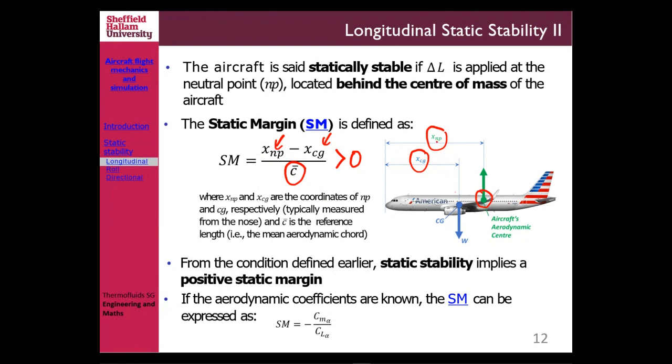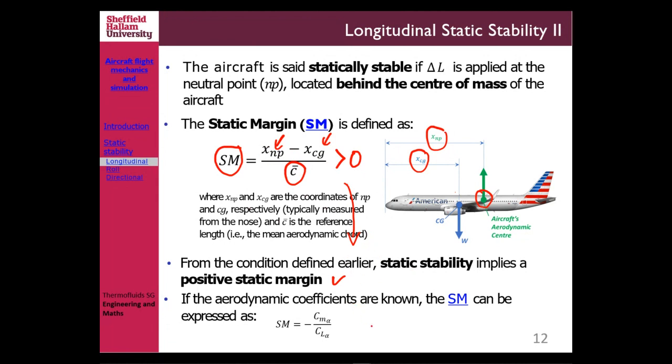In this case, I term it as x_np minus x_cg divided by the mean aerodynamic chord should be greater than 0, right? So from the condition defined in this statement, it means that static stability implies a positive static margin. That means your aircraft should always have a positive static margin if you define this as the static margin, right?